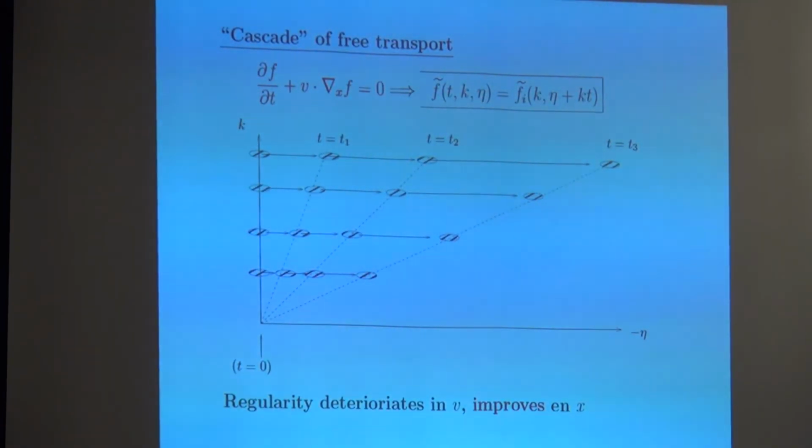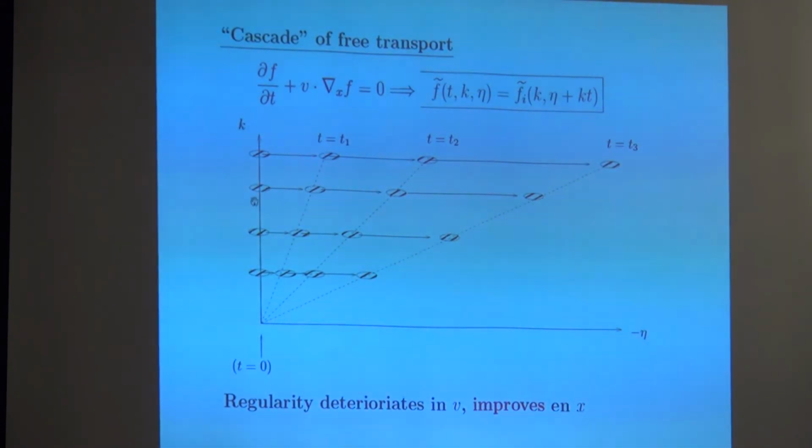Also at the physical level, we see here there is something like a cascade of free transport. You can see this cascade, this idea of information going out to small scales, even when there is no interaction. If I look in Fourier space, Fourier in velocity, Fourier in position, here I'm in a periodic box setting, so the Fourier frequencies are discrete in the position space.